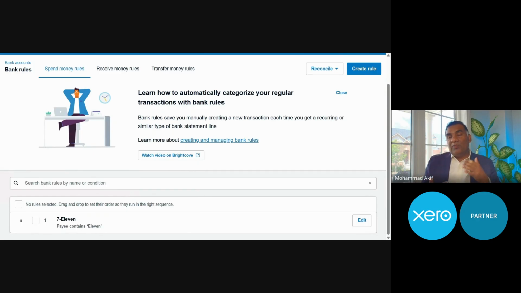So now what we've started doing is looking at the bank rules. The bank rules play a big role in a messy situation, because what is happening is you're importing transactions from the bank account, Xero is picking up those transactions and applying the bank rules, and whatever the bank rules say, that's how the transaction is going to look.